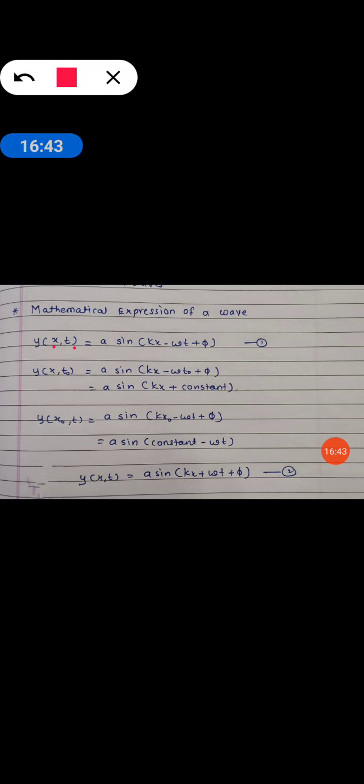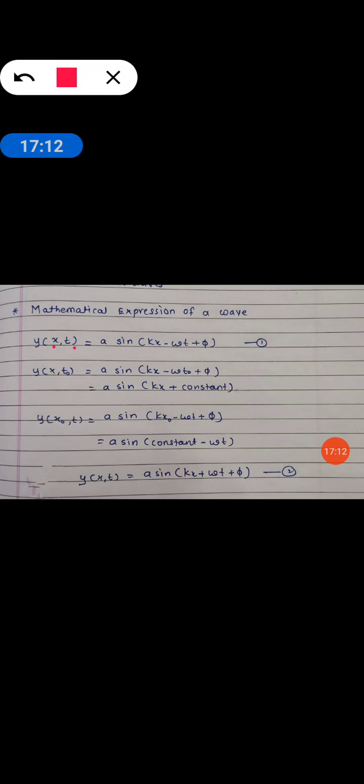Now, we have to consider a sinusoidal progressive wave described by a sinusoidal function. Let us assume the progressive wave is transverse. A progressive wave can be divided into two types, transverse wave and longitudinal wave. We consider the transverse wave for this expression. The position of a particle of the medium is described by a fixed value x.